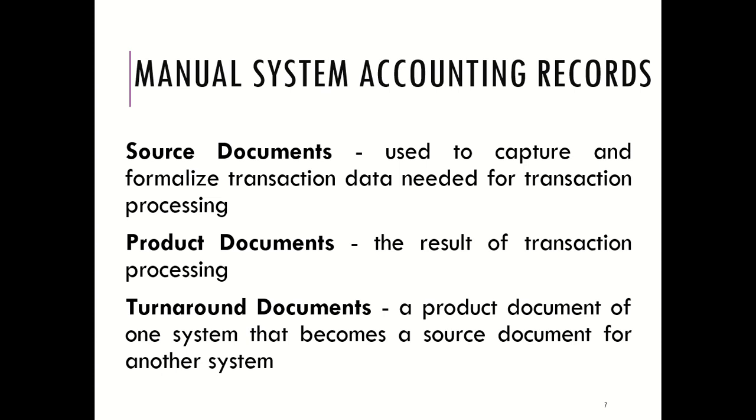So, the check is a paycheck na babayaran doon sa dealer ng machine. So, the check is already considered a product document. Tapos, on another system, yung turned around document, a product document on one system, yung payment, yung check na yon, it would be an input naman doon sa payment system or cash disbursement system natin. Okay?